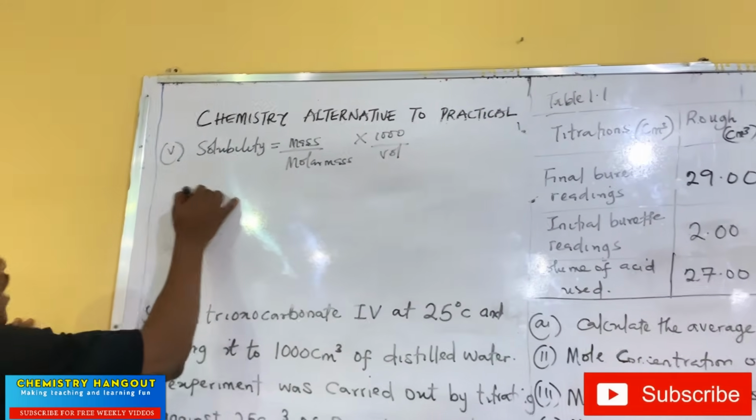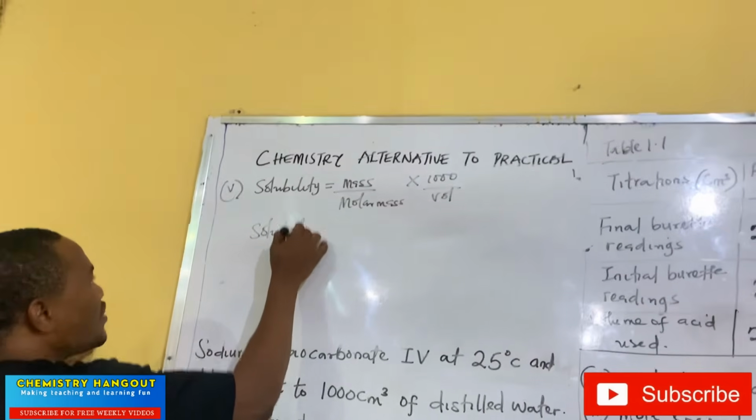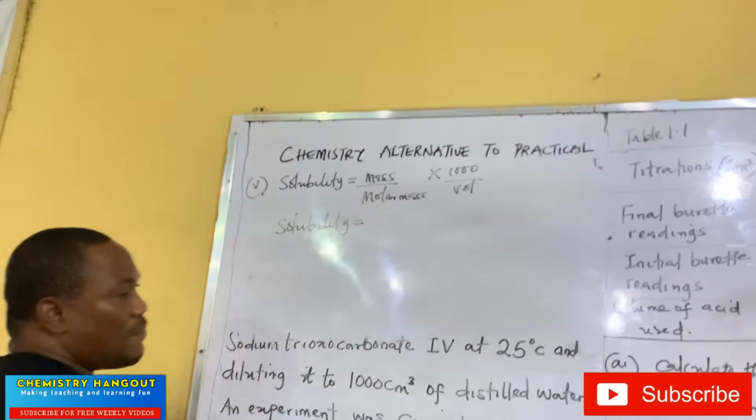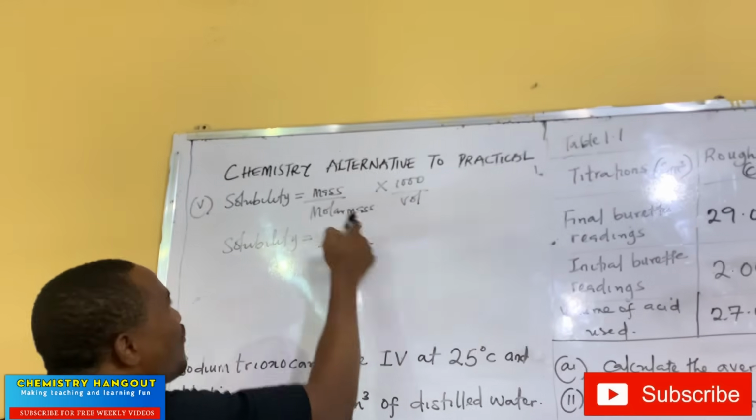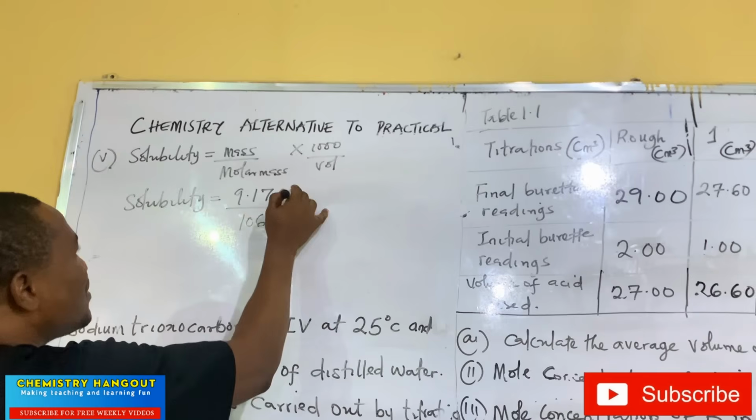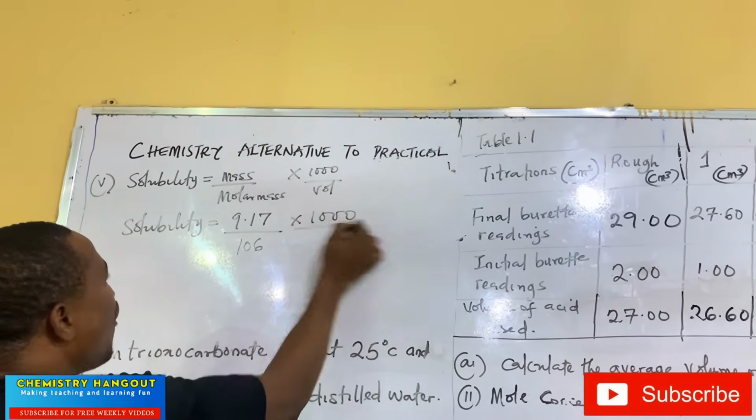Now, let's use this now, because it's one you are familiar with. So what is the mass now? 9.17. Did you see that? 9.17 over, what is the molar mass? We have gotten that. You can see, I'm picking everything from my solution. 106 times 1000 over, what is the volume?